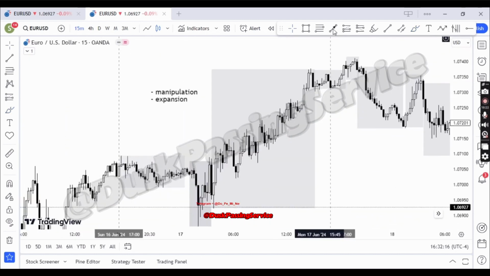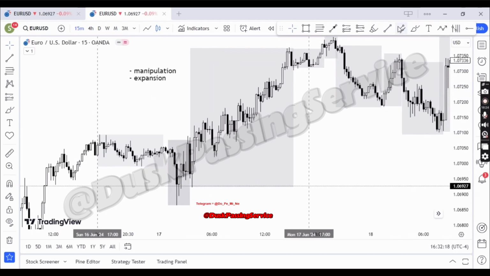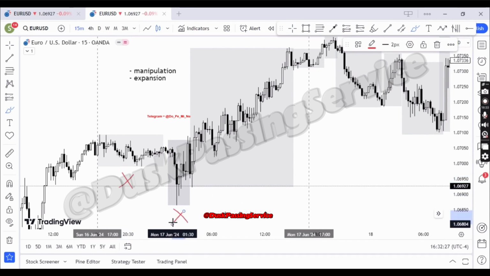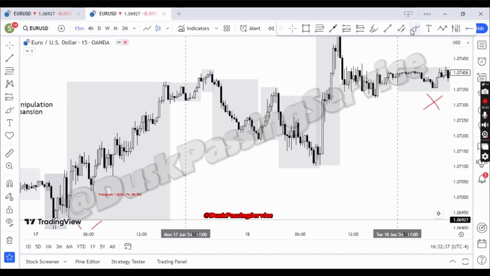So let's start off with Monday. On Monday, obviously you would have avoided trading this ranging profile, you would have avoided trading this manipulation profile, and you would have only traded this expansion profile, and it would have offered you this explosive expansion move towards the upside, right? Then on Tuesday, obviously you would have avoided trading this ranging profile and this manipulation profile, and only traded what?